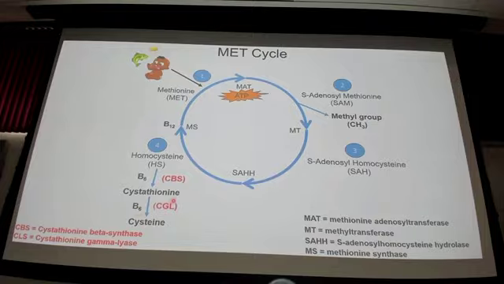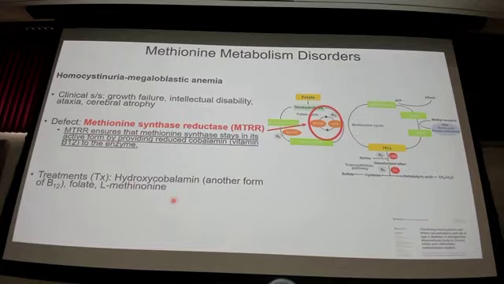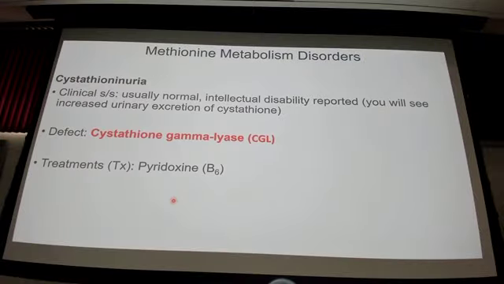This intermediate, when it builds up, is not as toxic as homocysteine, and so that's why the patients that have this disorder will usually present as normal, but they may have intellectual disabilities, but likely they won't. And so you would treat this by vitamin B6.